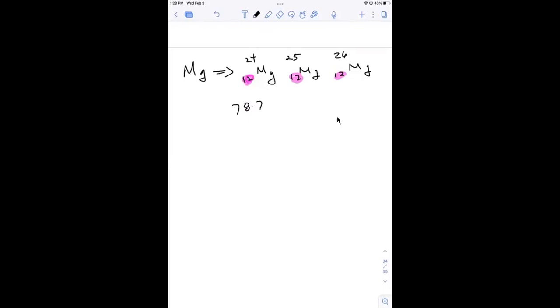All right, so this is 78.70%. And then for magnesium 25, this is 10.13%. And then magnesium 26 is 11.17%.